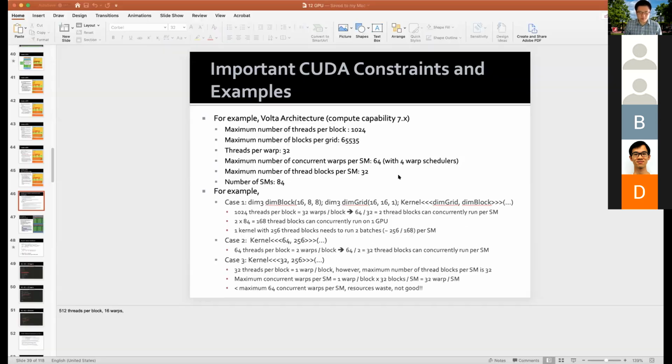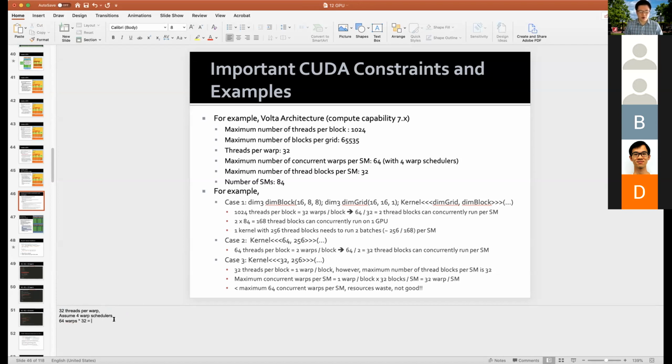If you assume, not assume, this is a fact, 32 threads per warp. And if we assume there are 4 warp schedulers, which I think is the case for most of today's GPUs, then we have 64 warps that can be running concurrently per streaming multiprocessor. So how many threads?